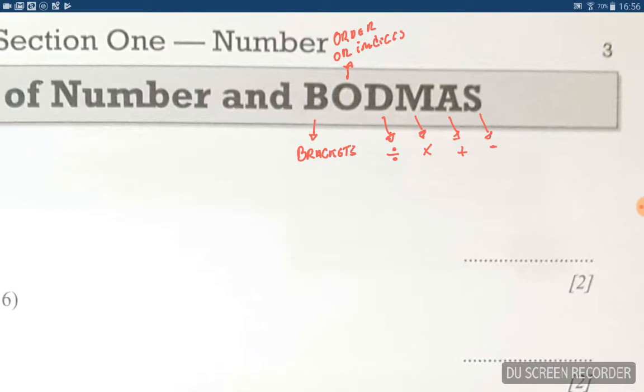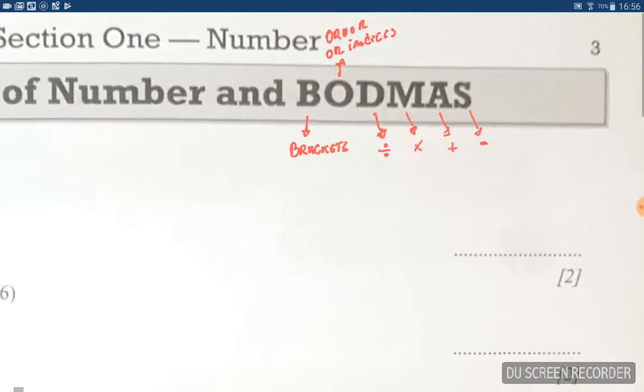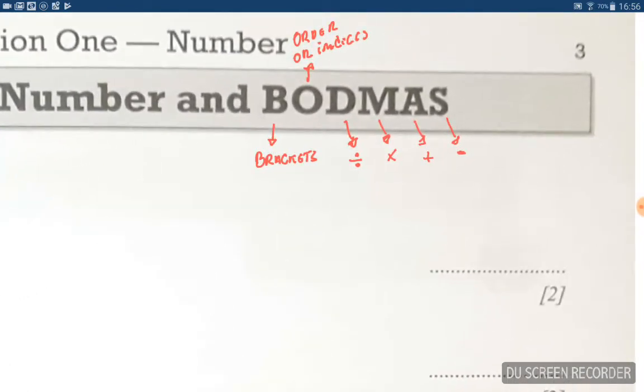Okay, addition and subtraction have the same priority, as well as multiplication and division, they also have the same priority. Okay, but indices, roots, etc. have more priority than that, and also brackets have more priority than that.